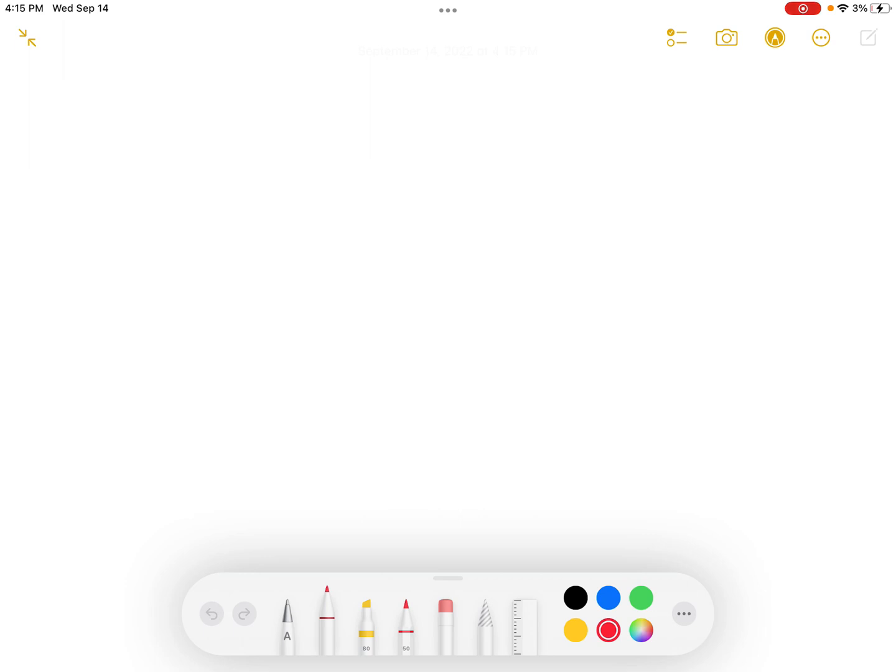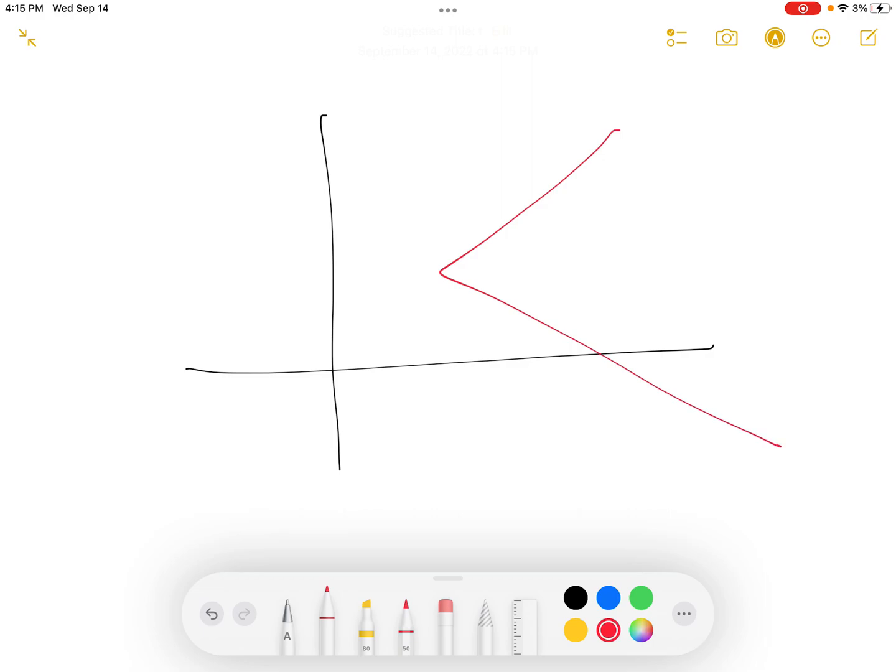Okay, let's go now and talk about, let's look at the example I just did and think about it a bit more. Let's think about whether this is a function. So a function is a situation where every single x value just gives you one y value.